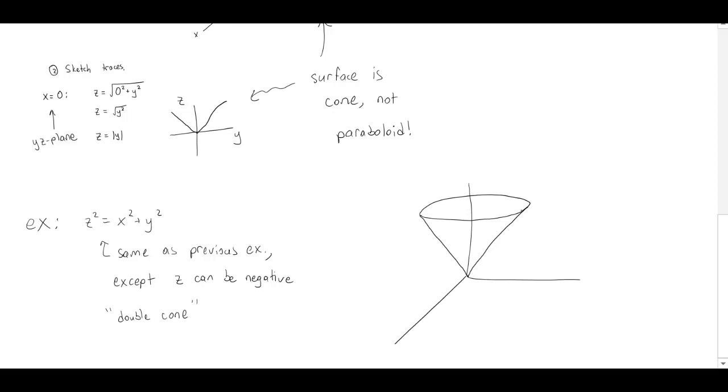So when z is negative, we get basically the same thing, but it's going this way instead. So this one results in a double cone. Do you guys see the difference between the cone versus the double cone? All right, good. Any questions about that example?